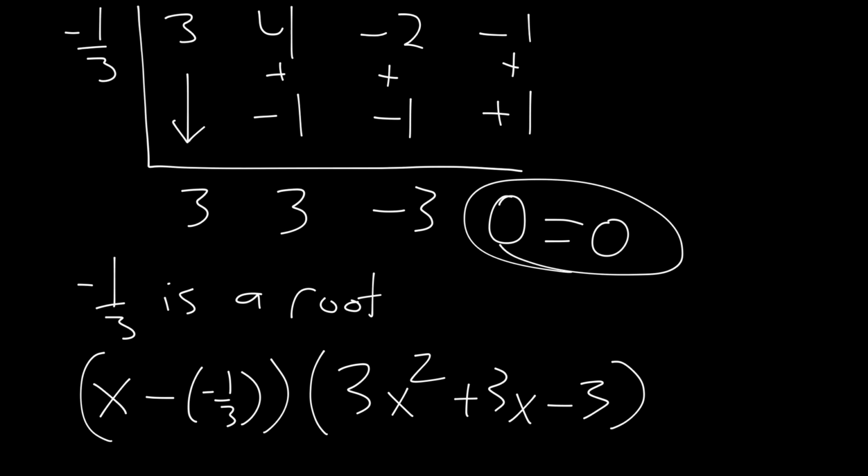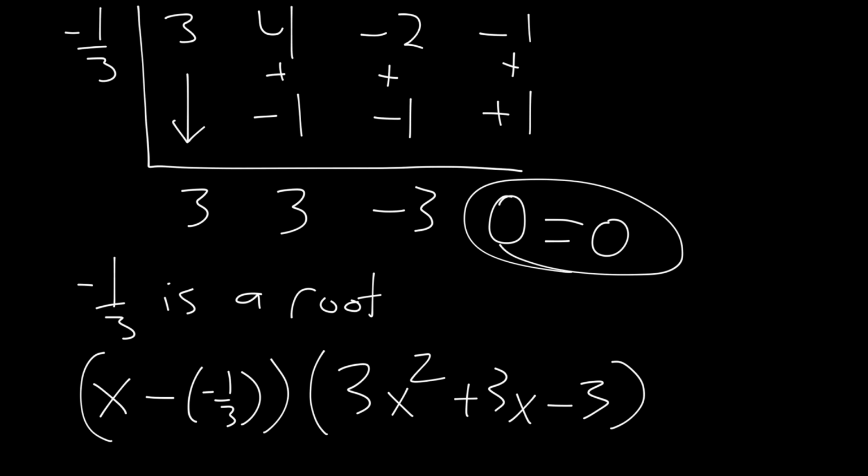The way we know that is the 3 here corresponds to the 3 in front of the x squared. The 3 here corresponds to the 3 in front of the x, and the minus 3 corresponds to the minus 3 here.